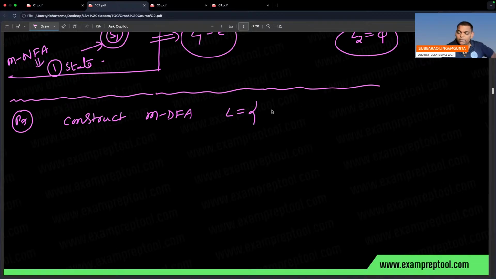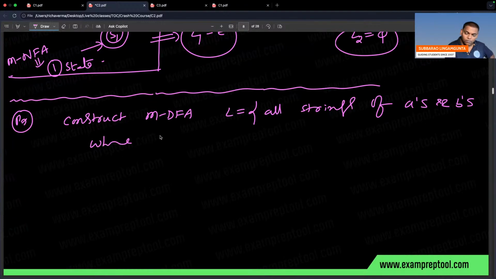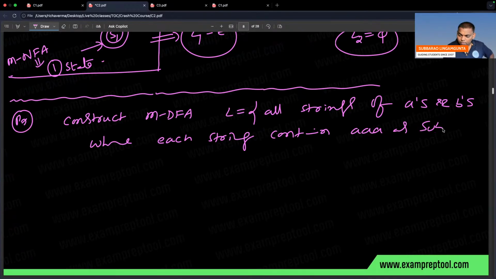So let me write. All strings of A's and B's where each string contains triple A as a substring. So this is the problem.